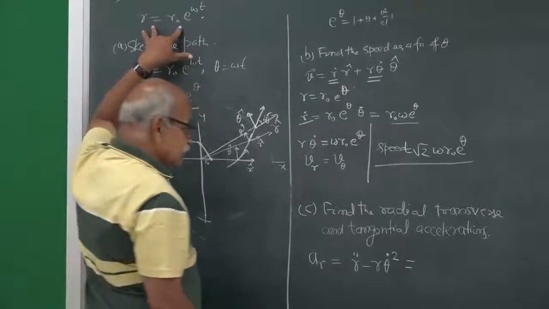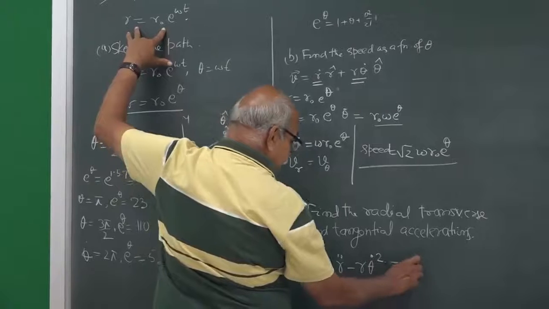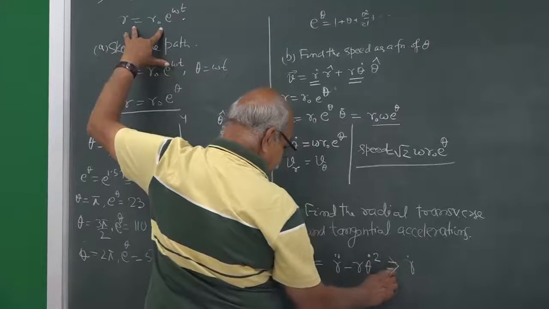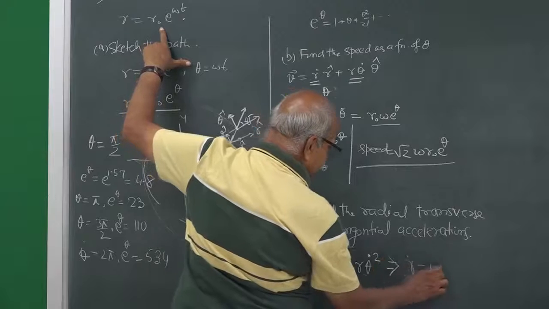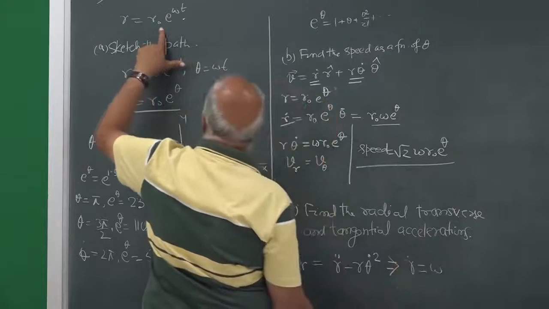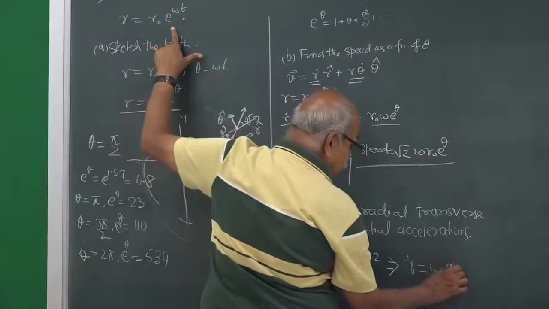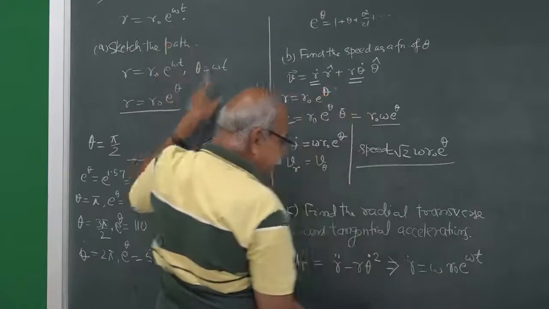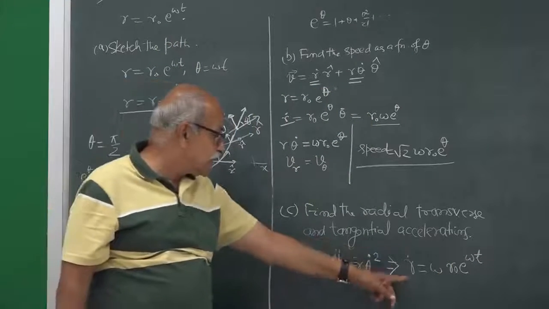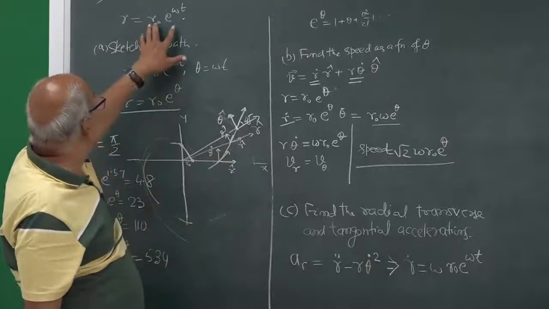This is r. So, r double dot is... r dot is omega times r naught e power omega t. We are differentiating with respect to time, and r is given by this.